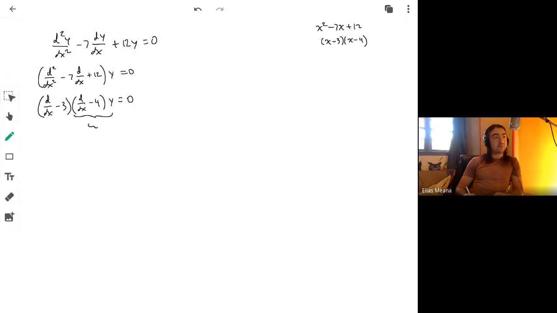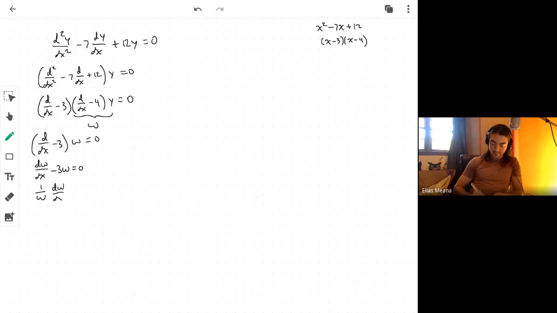Now we've simplified the equation to (d/dx minus 3) operating on omega equals 0, which expands to d omega/dx minus 3 omega equals 0, which is separable. We rewrite this as 1 over omega d omega/dx equals 3, and integrating both sides gives natural log of omega equals 3x plus c.